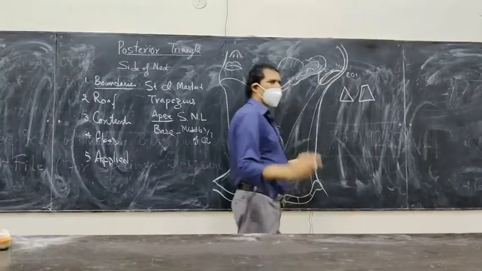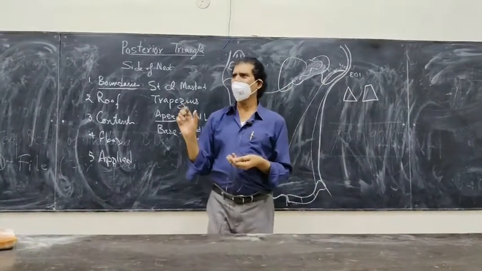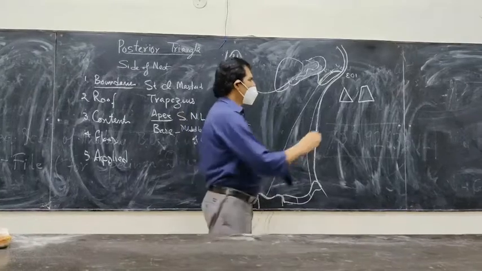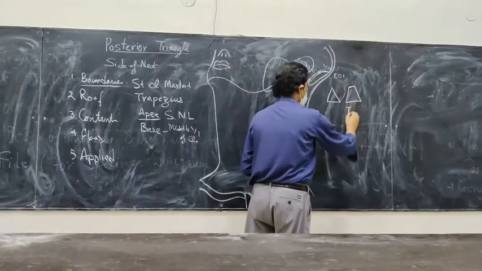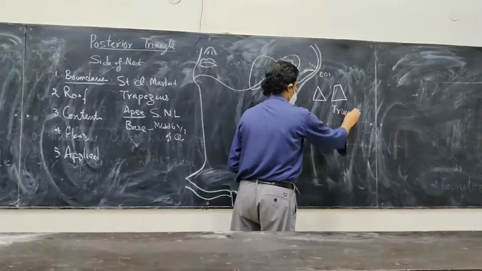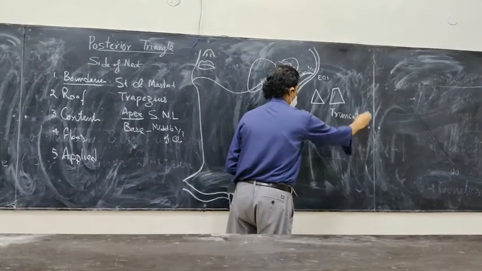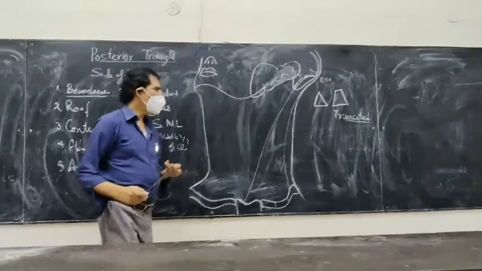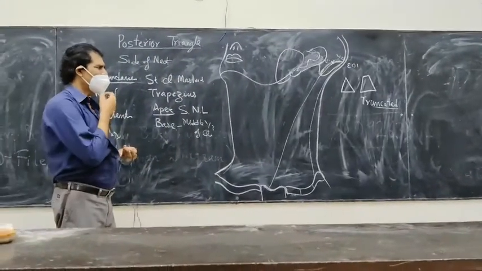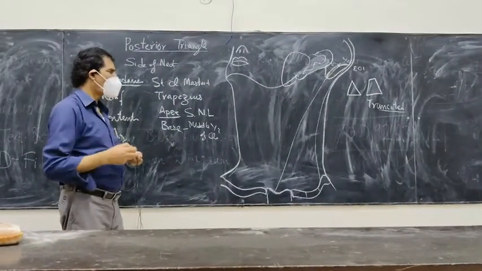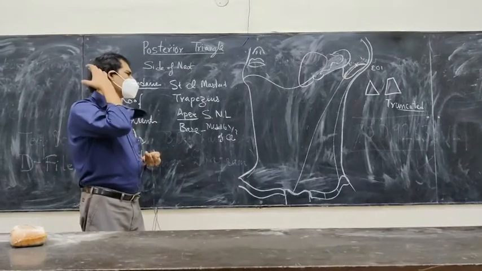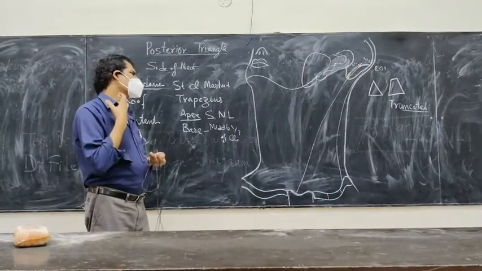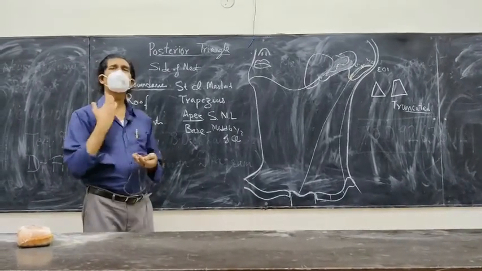A gap of the middle one third of the superior nuchal line is there, and such an apex is called truncated. So two types of apex may be there depending upon the sternocleidomastoid muscle. So this is the side of the neck that is called the posterior triangle.